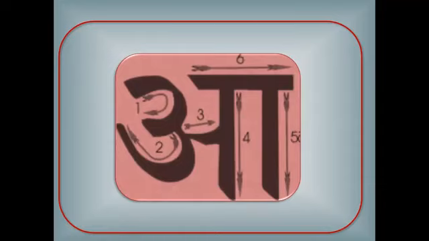Therefore, this is also guttural. What is the difference between this, that is short, and the long A? One extra stroke is there. Number 5, you can see, right? One extra stroke is there. So that is the difference.